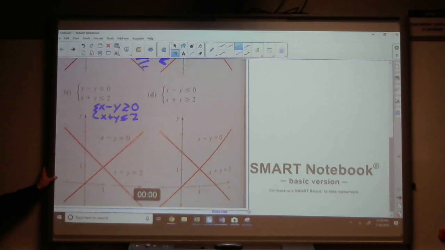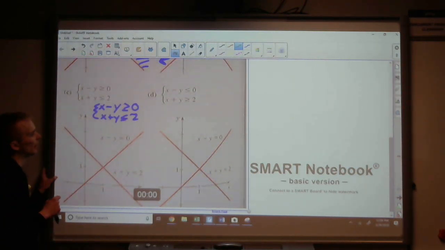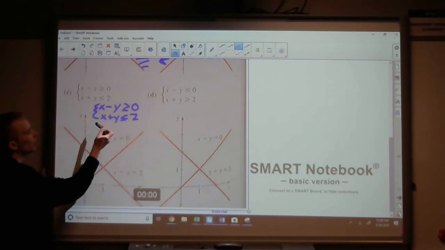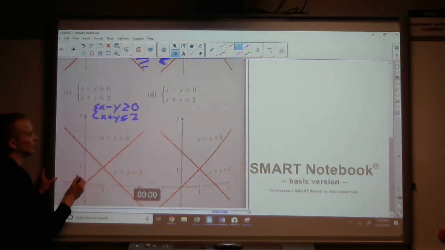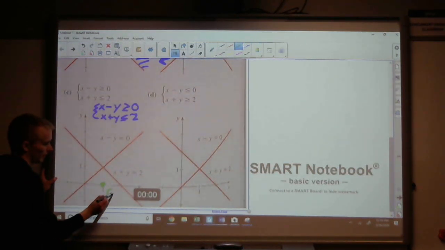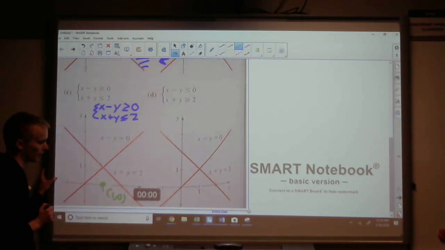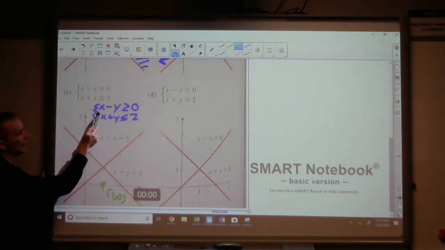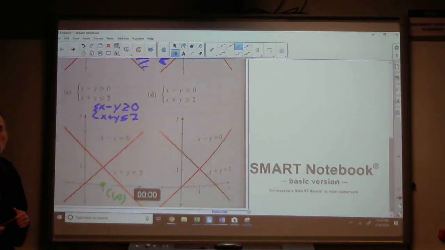What I'm going to do is pick a point that's above or below the line. So this is x minus y equals 0. So we'll just pick a point below the line, maybe here. This is at the point 1, 0. So when I plug that point into this inequality, what I want to know is, is it true?